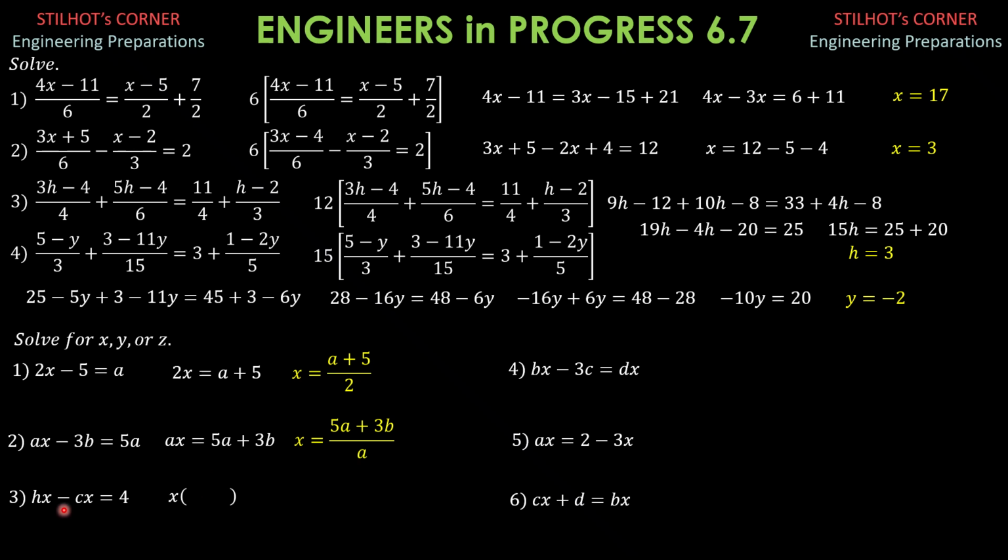This is factor out x. X times h minus c equals 4. By the way, if we put the restriction here, a should not be equal to 0 because division by 0 is undefined.